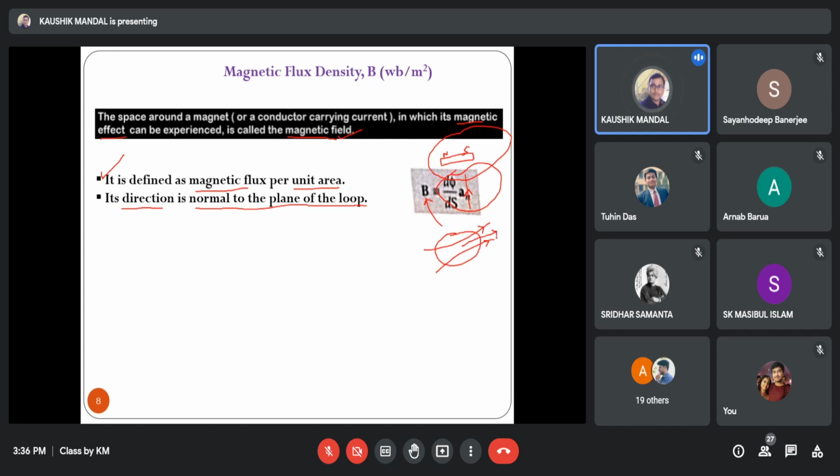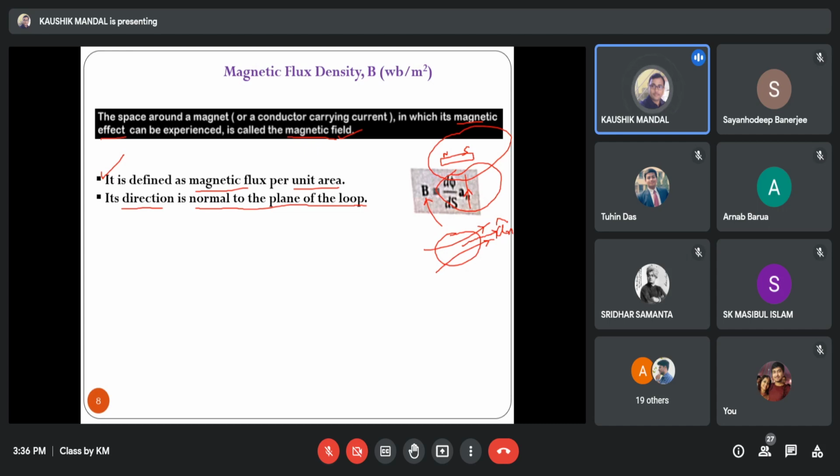Unit vector of the surface, obviously, that is the normal to this surface or normal to this loop. So flux density means it is the magnetic flux per unit area, and the direction of the corresponding magnetic flux density will be the normal to the corresponding surface or corresponding loop.